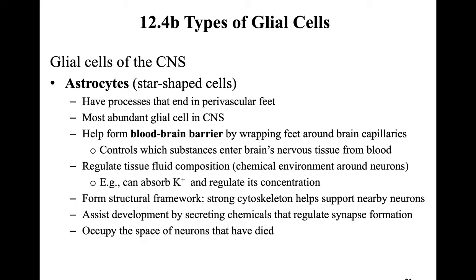And what they do is they act in a concept called the BBB, which stands for blood-brain barrier. So these astrocytes act like little filters, and we'll see that in a moment. Whatever blood vessels you have in your brain are going to be filtering the blood and letting certain things into the brain, from your blood to your brain.